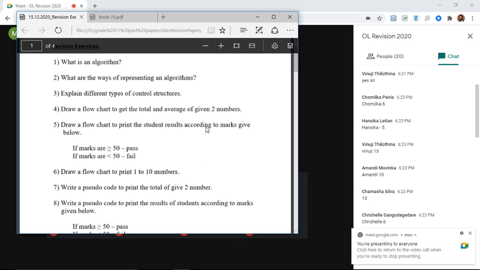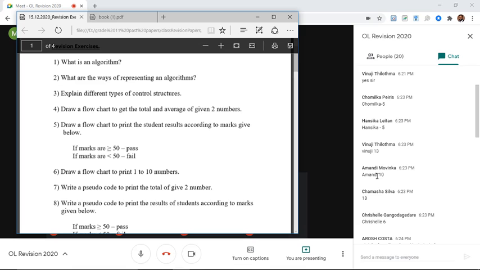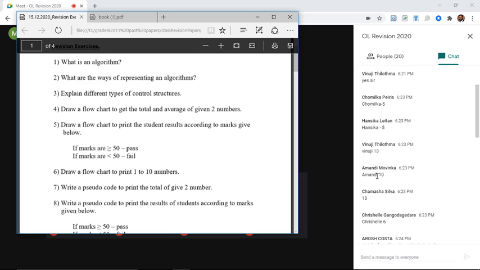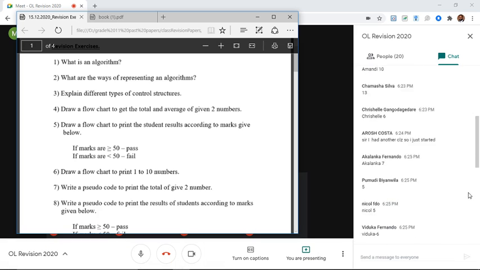What are the two ways of representing algorithms? Okay. I can't hear you, right? Amandi, just tell me what are the two methods? Amandi, what are two methods?